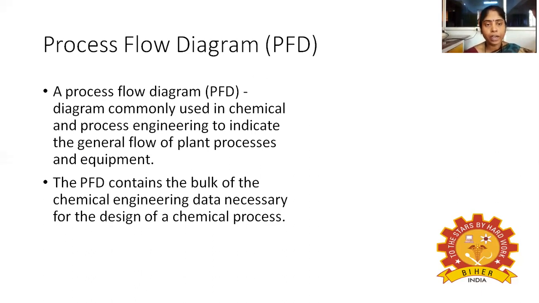The process flow diagram is commonly used in chemical and process engineering to indicate the flow of a plant process and the equipment. It contains a bulk of chemical engineering data for designing a chemical process for any product development.